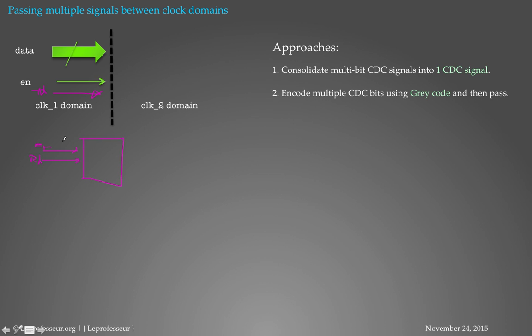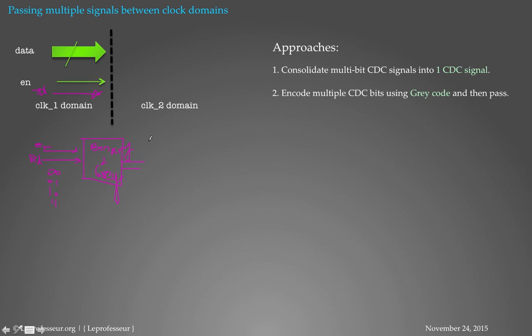These signals will have possible values 00, 01, 10, 11. Now you can use a binary to gray code converter, and then send the signal.